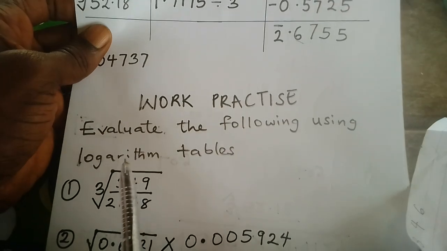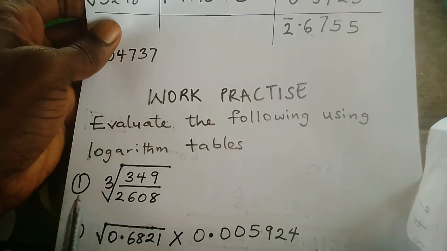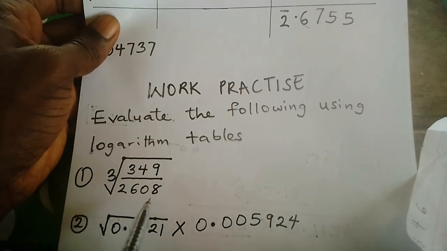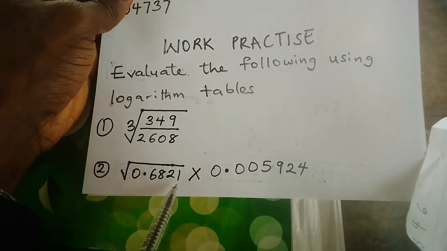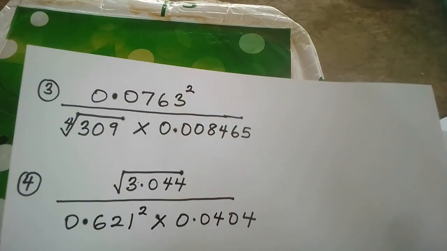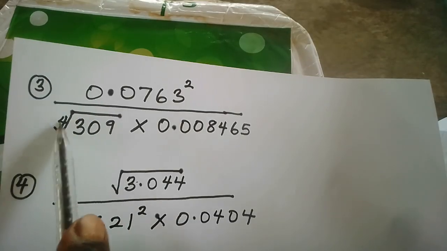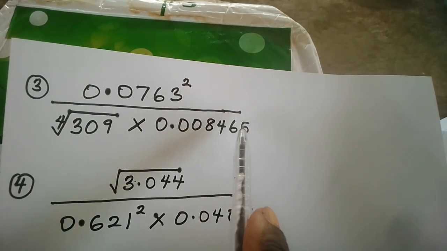So for the work practice, we are having: evaluate the following using logarithm tables. Number 1, the cube root of 349 over 2608. Number 2, the square root of 0.6821 times 0.005924. Number 3, 0.0763 squared divided by the fourth root of 309 times 0.008465.